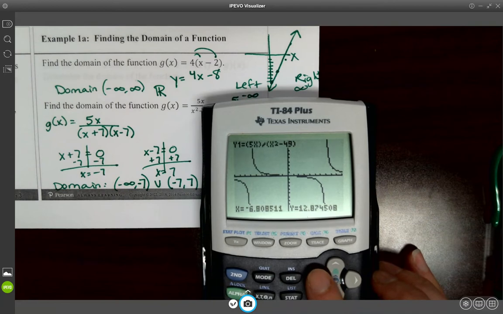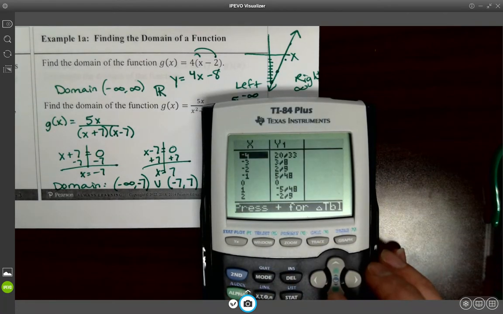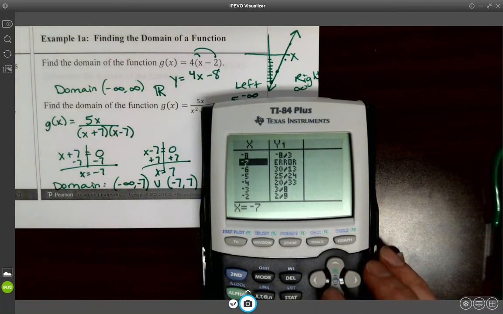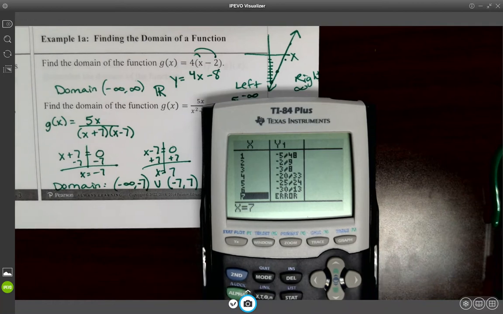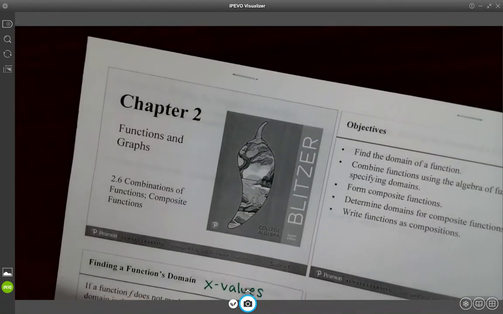Then it goes to negative 7 on the other side. And if you look on here at negative 7, it's going to say error. And then at positive 7, it'll say error. So those are where it's restricted. So that's how you can look at it on the calculator. Okay, let's move to the next page.